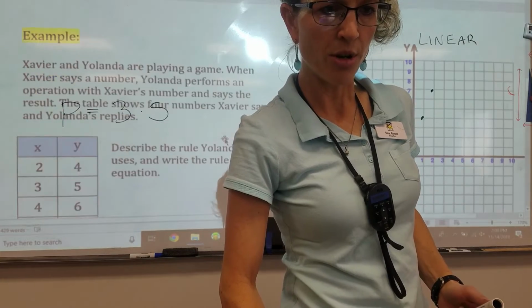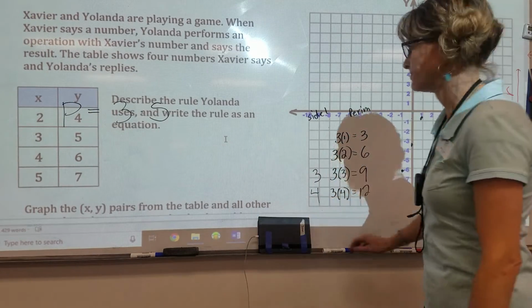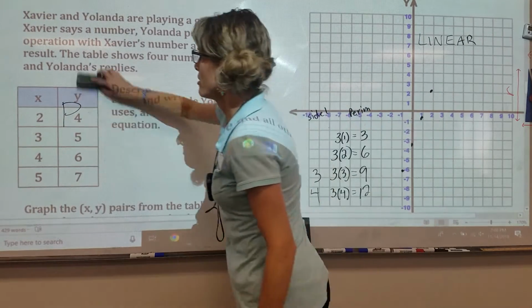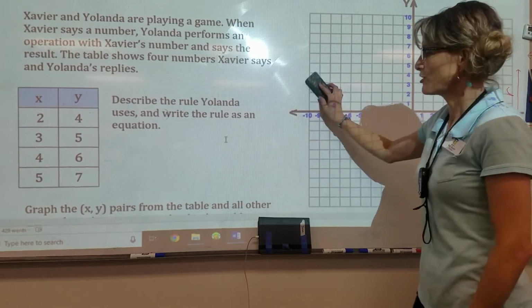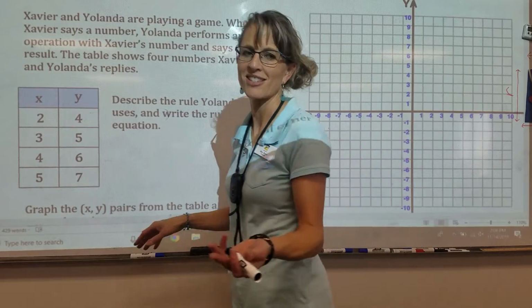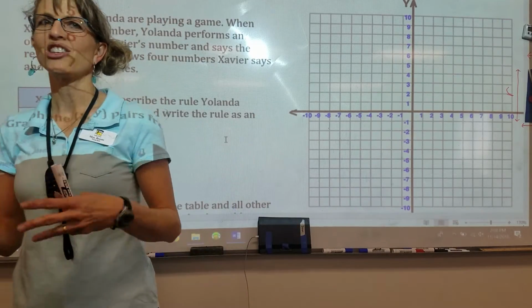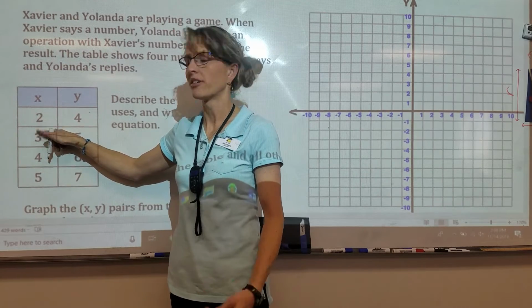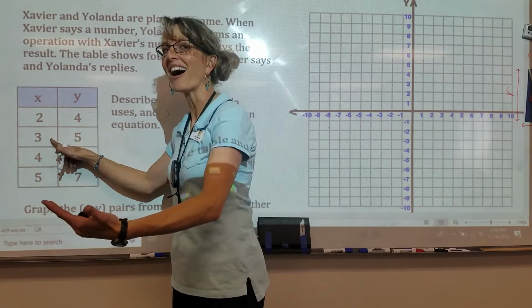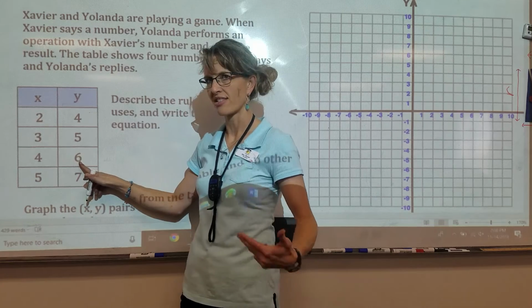Okay, let's do another one about Xavier and Yolanda. Xavier and Yolanda have a game going. So Xavier says a number, and Yolanda says a number. She puts a rule to it, and she has an output. Xavier says 2, and she goes 4. And then he says 3, and she goes 5. He says 4, and she says 6.